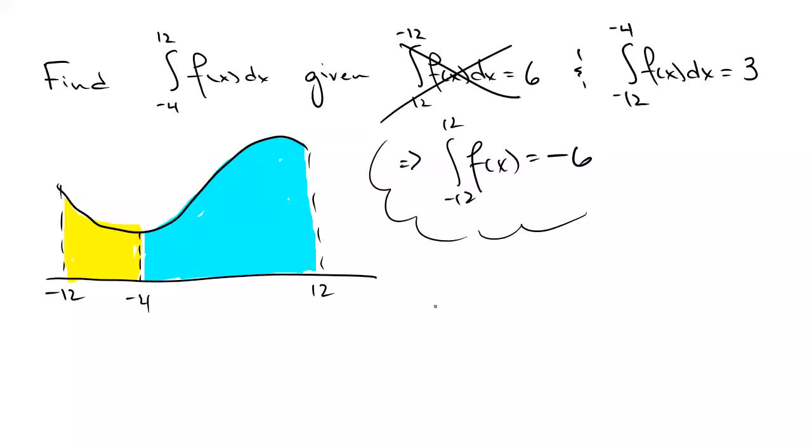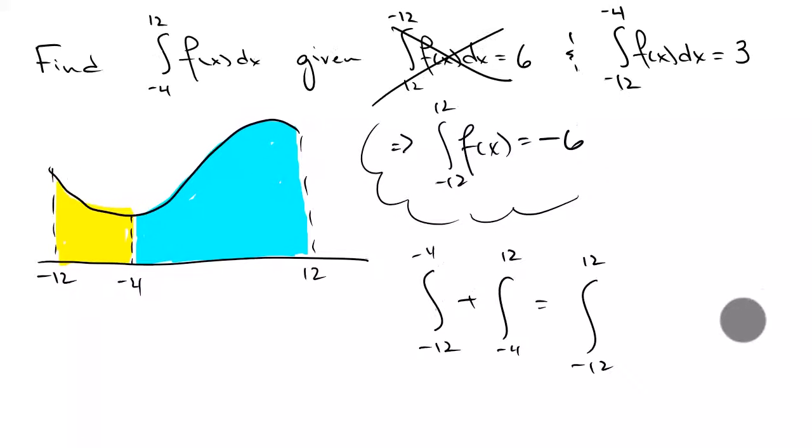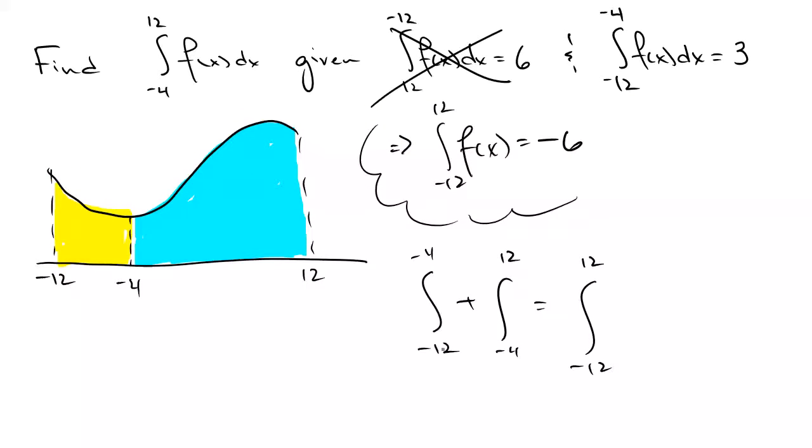Well, what I can do there is I can say that the integral from negative 12 to negative 4 plus the integral from negative 4 to 12 is going to equal the integral from negative 12 to 12. Given up above, we know that the integral from negative 12 to negative 4 right here has a value of 3.